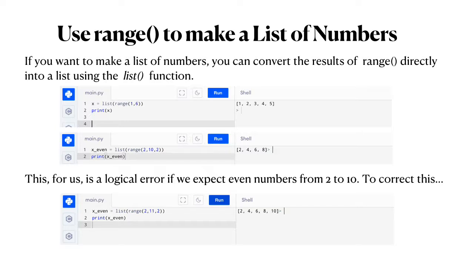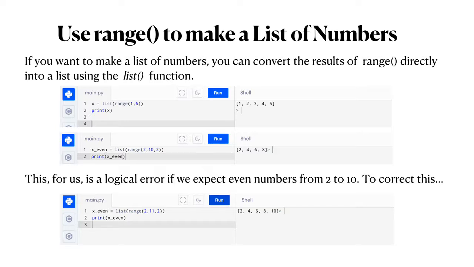So, 2 to 11 with a step size of 2. Starting at 2, plus 2, that's 4, plus 2, that's 6, plus 2, that's 8, plus 2, that's 10. So, what Python looks for is that it should end at 11. That's why it includes 10.